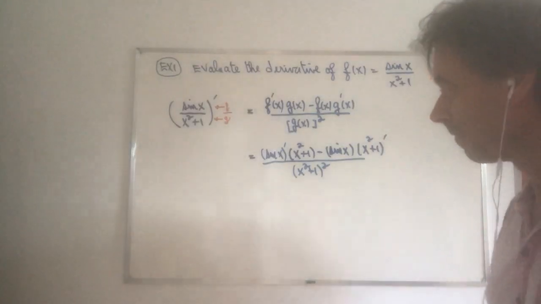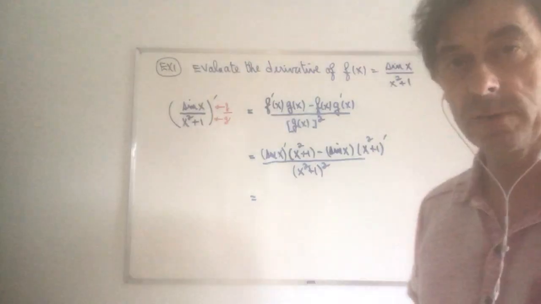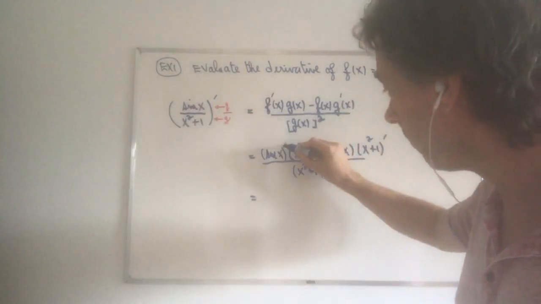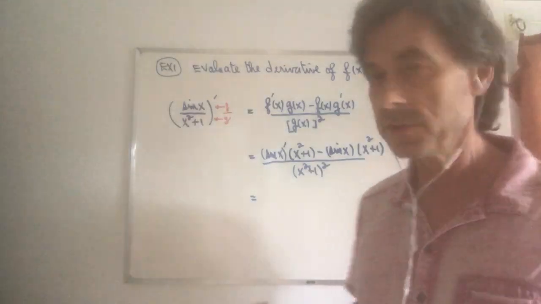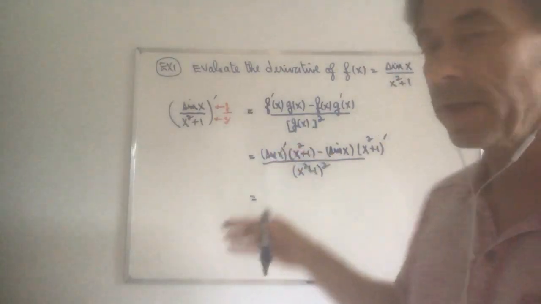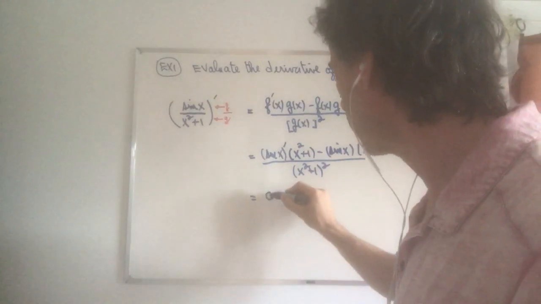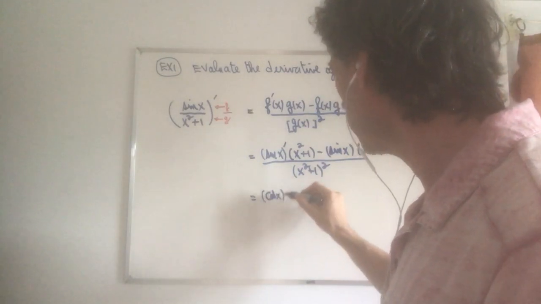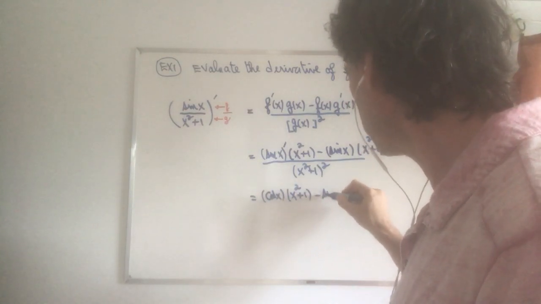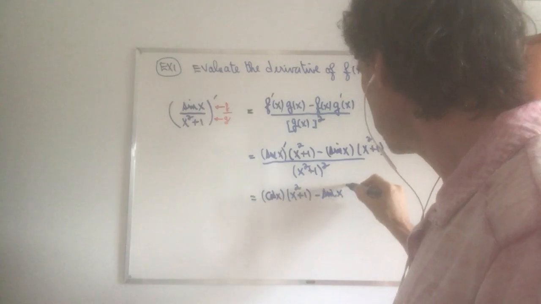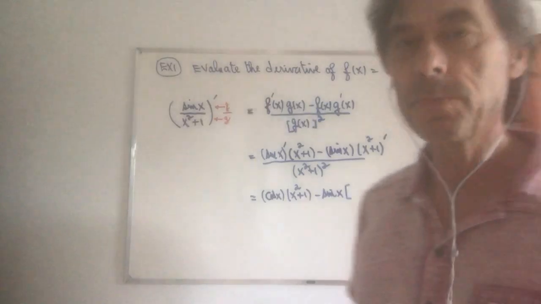Be careful. All right. Now we got a couple of derivatives in here we have to evaluate. There is a prime right here, and there is a prime right here. Let us see what rules we need to use to figure this out. The derivative of sine x we have just learned. It's our new rule 9. It's cos x. So the answer is cos x times x squared plus 1 minus sine x times, what is the derivative of x squared plus 1?